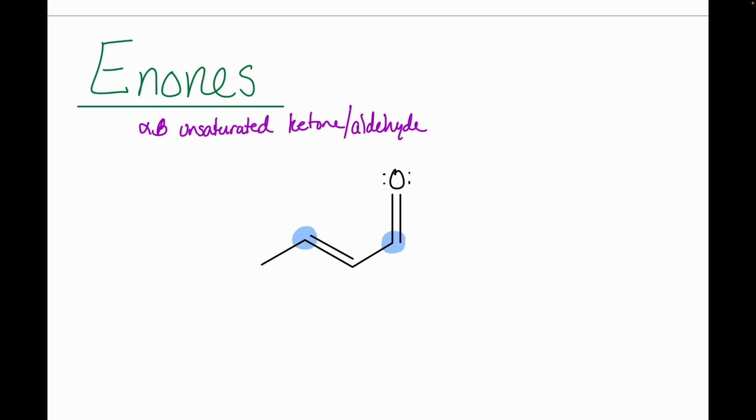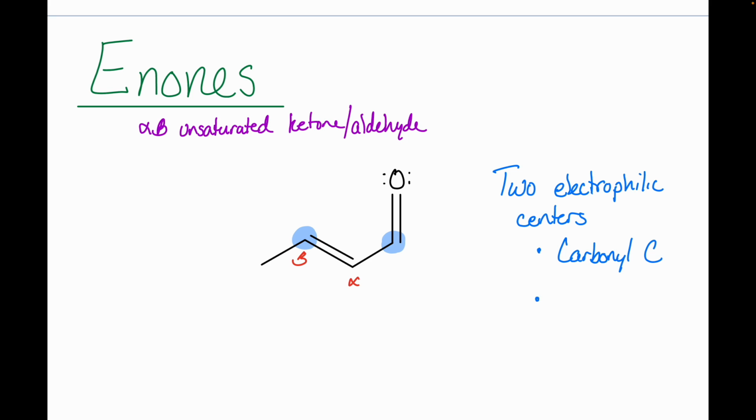We're starting from our carbonyl carbon. We move over. The next one is our alpha carbon. And the next one is our beta carbon. So these enones have two electrophilic centers.